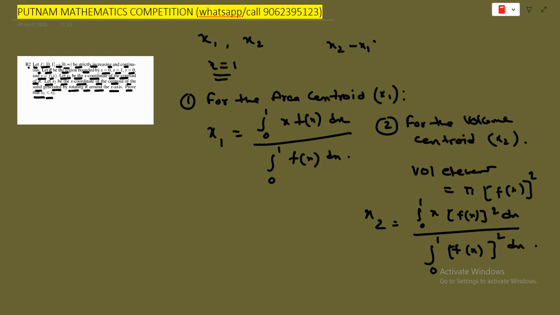x2 minus x1 is greater than 0. So if we cross multiply, since the denominators are positive, we just need to show what?